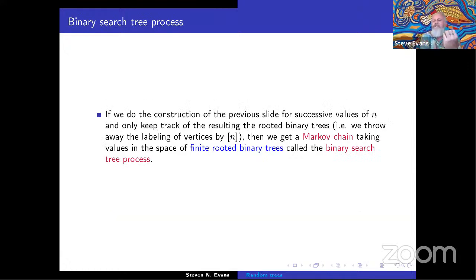So we could do this construction for successive values of n. And what'll be of interest to us is to just keep track of the resulting rooted binary trees. And what we'll do is throw away the labeling of the vertices by the numbers 1 up to n.